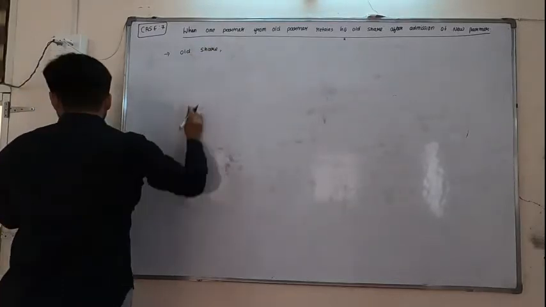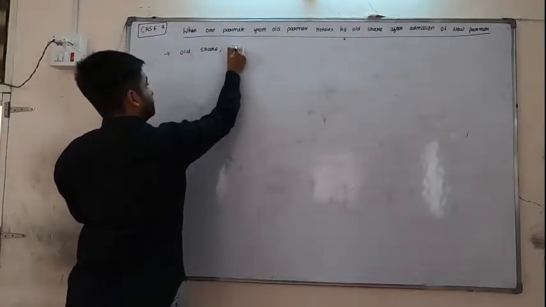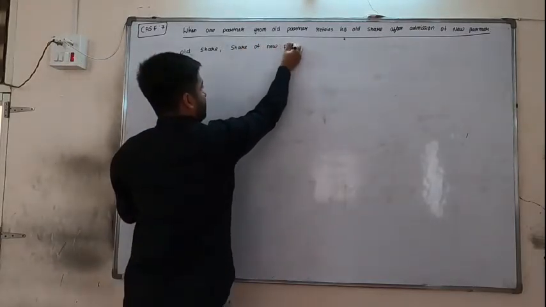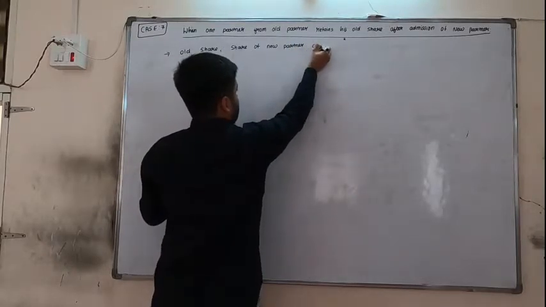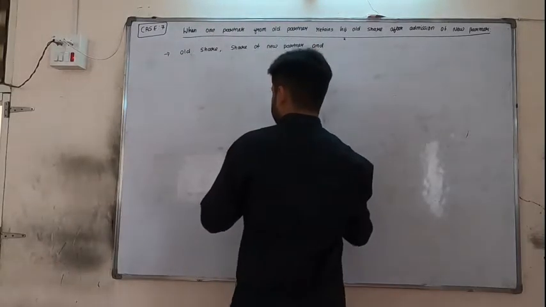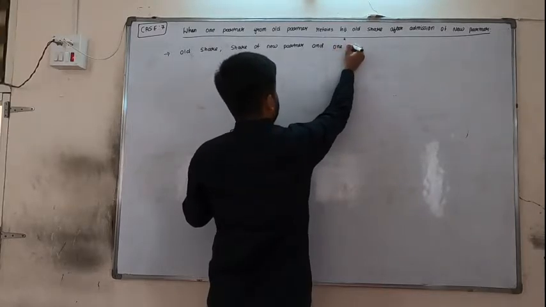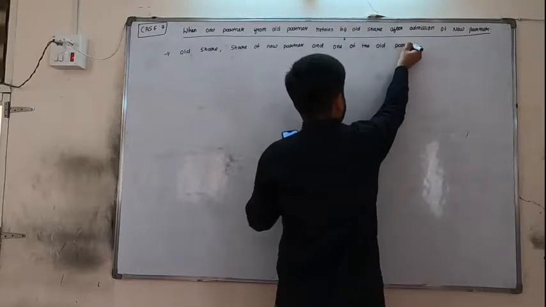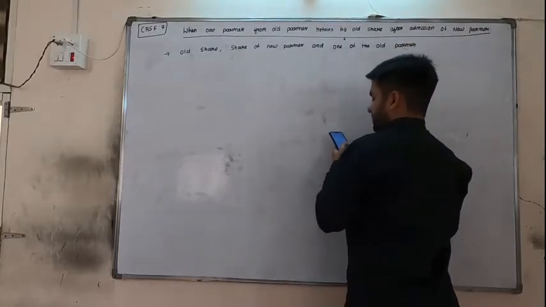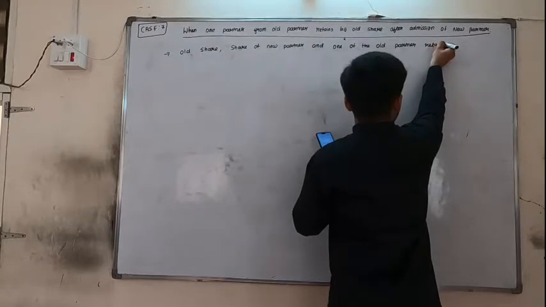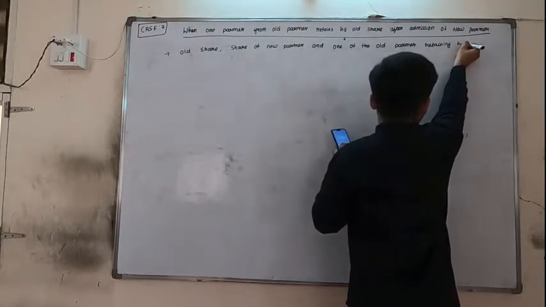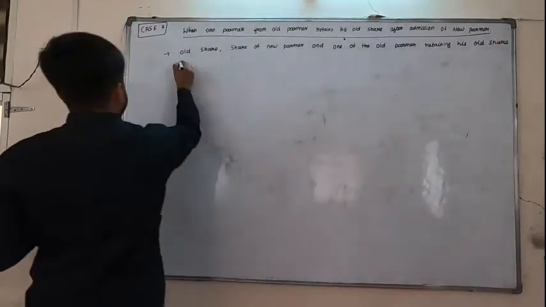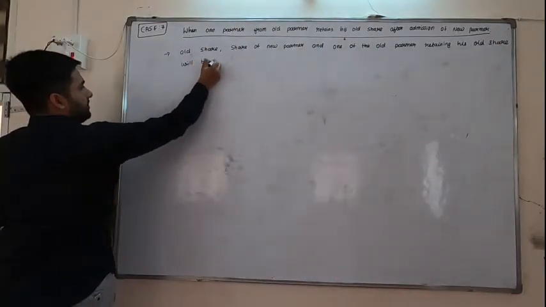Okay, first we will write what things will be given in the sum. In the sum, old share, share of new partner, and one of the old partner retaining his old share will be given.